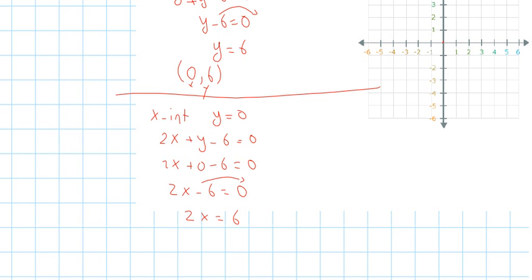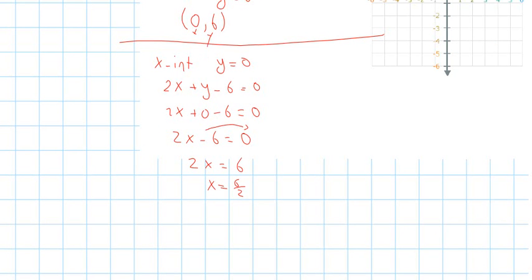Now it has to make sense. If I do 2 times 3, what does it give me? 6. Right? So that tells me that my x-intercept is at 3, 0. Okay? So 3, 0.